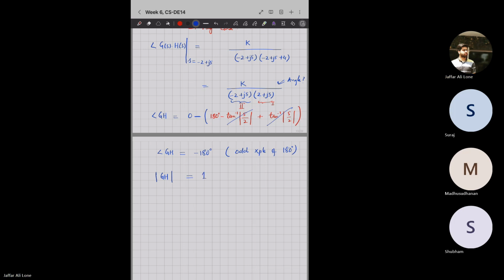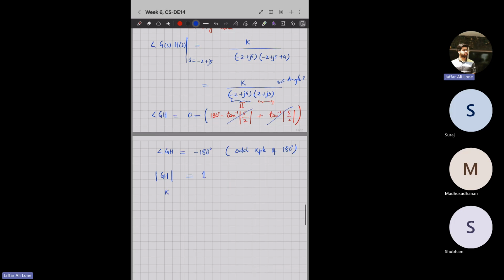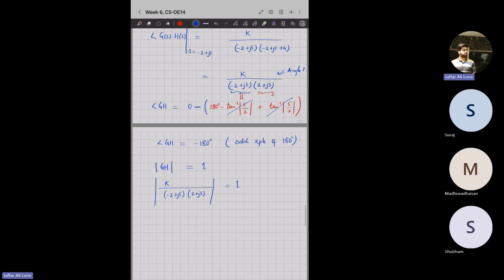Now, the magnitude condition is that the magnitude of GH is equal to 1. And what is G here? The magnitude is K divided by the magnitude of (minus 2 plus j5) into (2 plus j5), and this should be equal to 1.